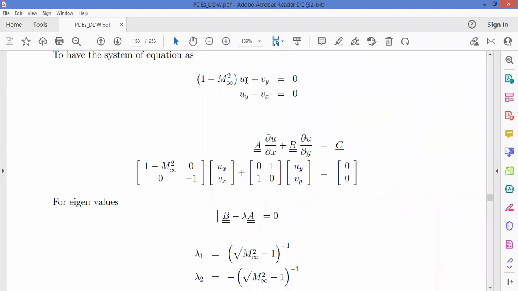The coefficient of UX here, this UX is the 1 minus m squared. Is that okay? Then remember that when you come to Vx, in here, there is no Vx. If you look at this one here, there is no Vx, implying the coefficient of Vx here is 0. That is where you get this 0 here.